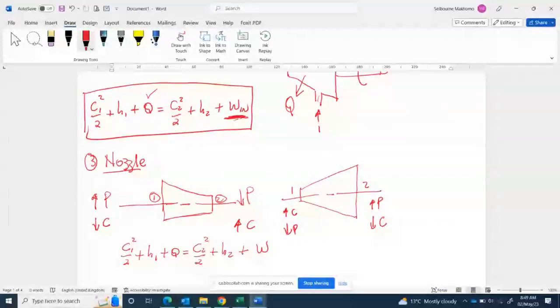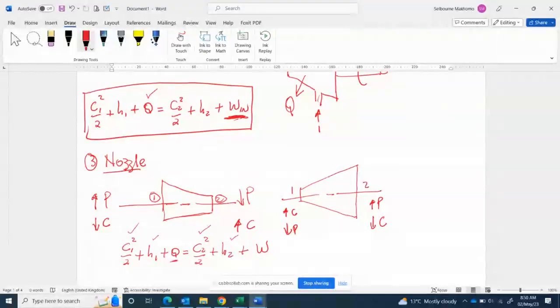Velocity at the inlet is going to be very, very small, and the highest velocity is at the outlet. Enthalpy is there because there's pressure, volume and internal energy. There is enthalpy at 1, and there's also enthalpy at 2.